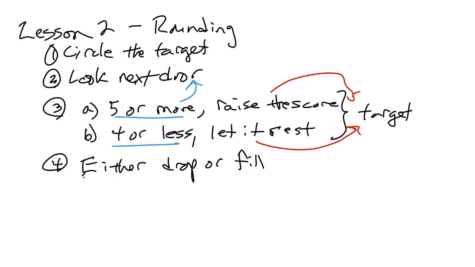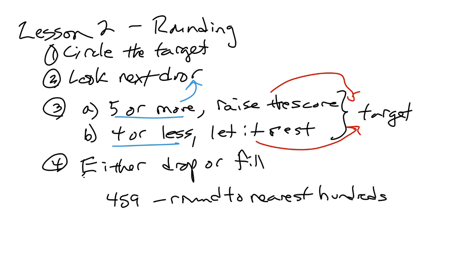So, for example, if we have the number 459 and we're asked to round to nearest hundreds. So the hundreds place is 4, that's our target.